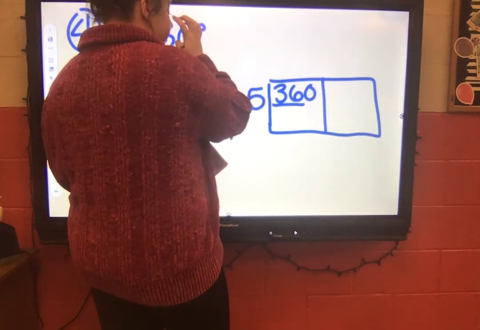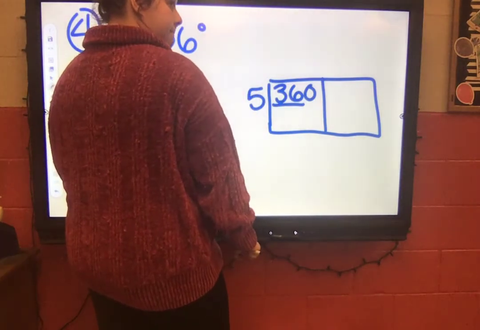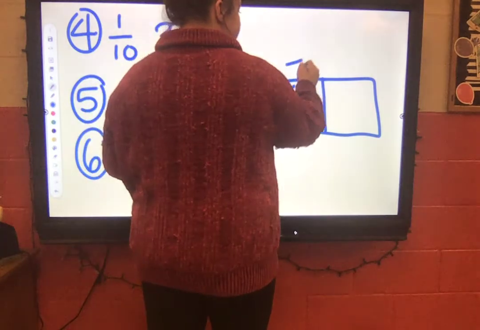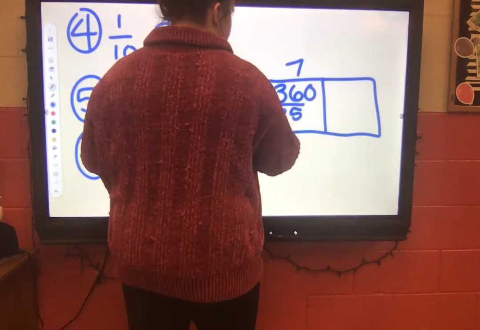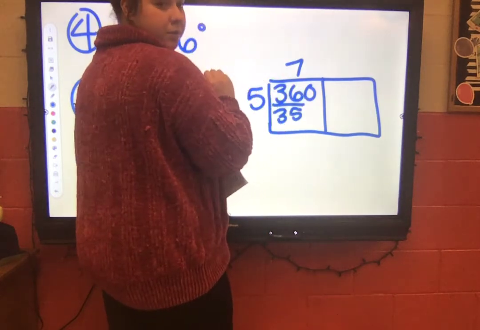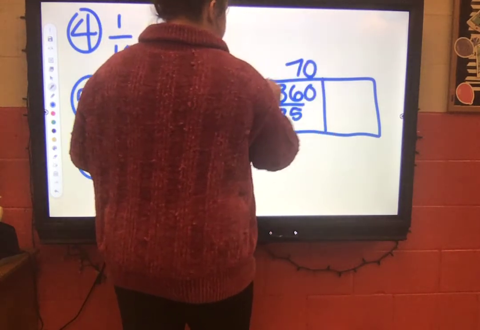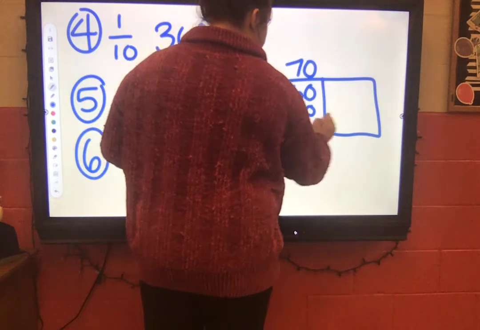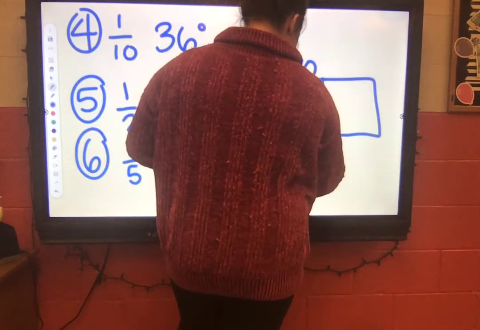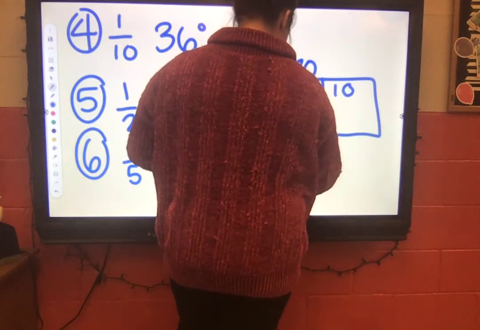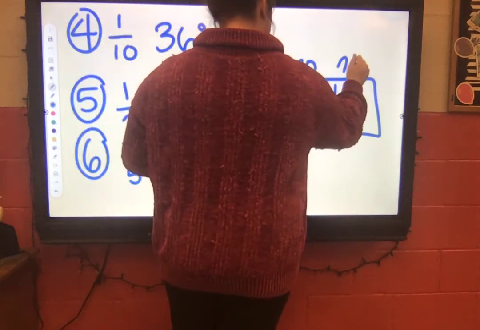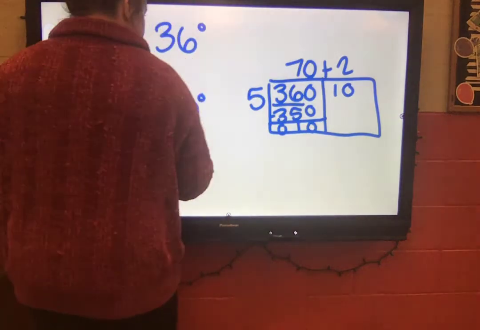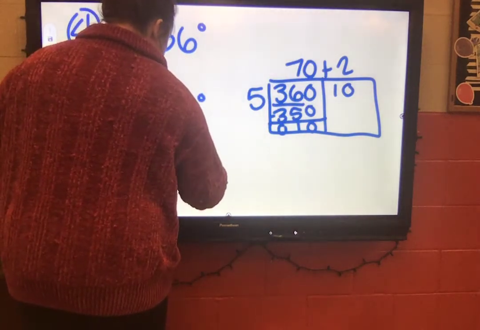How many times? 7. 7 times 5 is 35. How many times will 5 go into 0? 0. 0 times 5 is 0. Subtract. We have 10. How many times will 5 go into 10? 2. So for degrees, we should have 72.